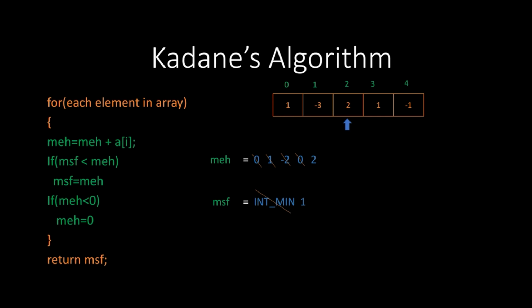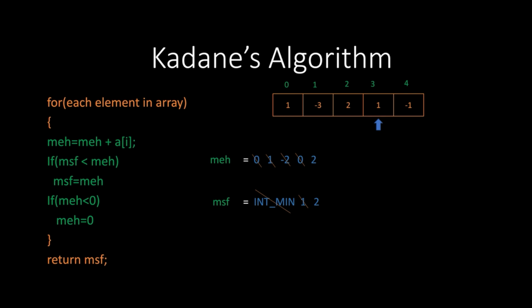So we update maximum so far with maximum ending here, which is 2. Now we check if maximum ending here is less than 0. No, it is 2, which is greater than 0, so this condition is not satisfied. Now we move to the next index.